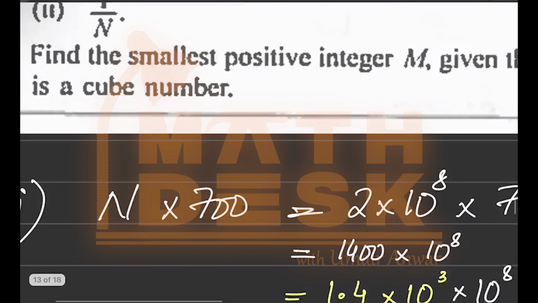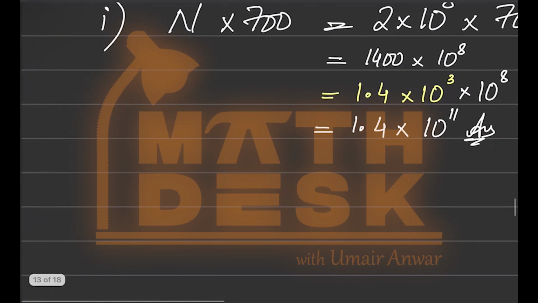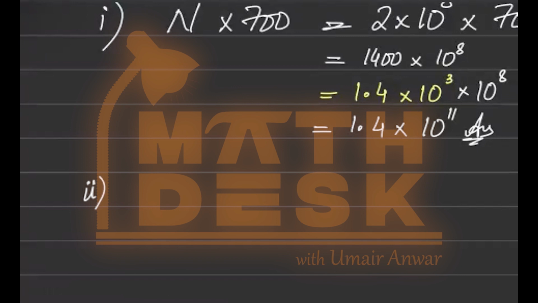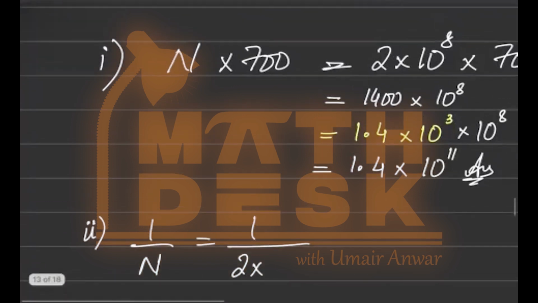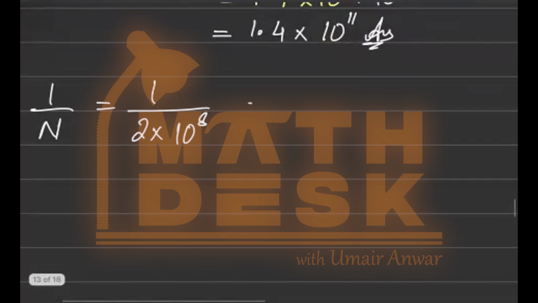Let's move on to the next one. It is 1 upon N. We need to find out the value of 1 upon N. It is 1 upon capital N, which means that it is equal to 1 upon 2 into 10 raised to 8. So it would be 1 upon 2 multiplied by 10 raised to -8 if we move it to the numerator.